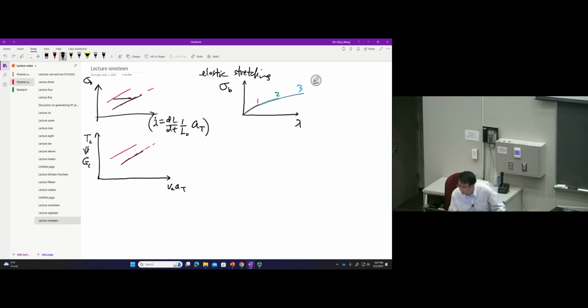This is lambda dot. Look at the typo here. This is just raw data that I complain people typically do not provide. So these are 3 different stretch rates, or it could be the same rate stretched at 3 different temperatures. Can you tell me, in the case of temperature, is 3 a high temperature or low temperature? Yes. Because we keep saying the material was more stretchable at lower temperature.